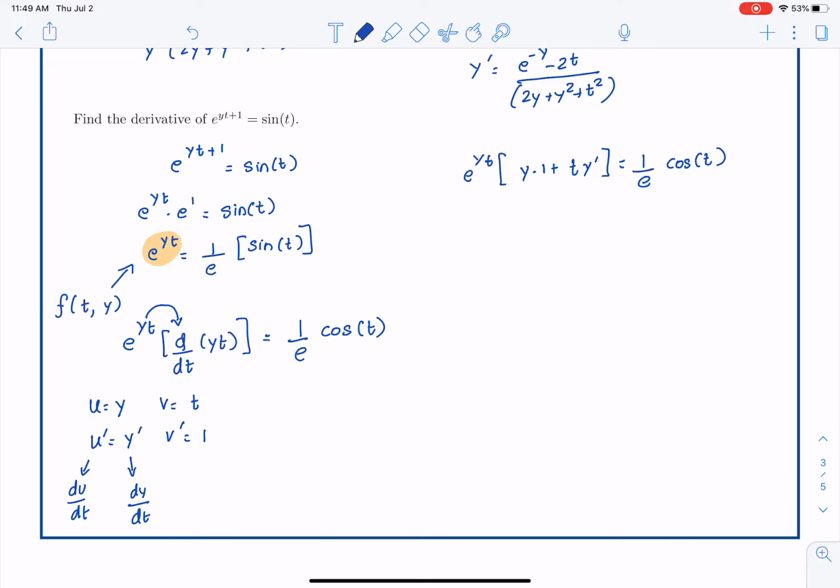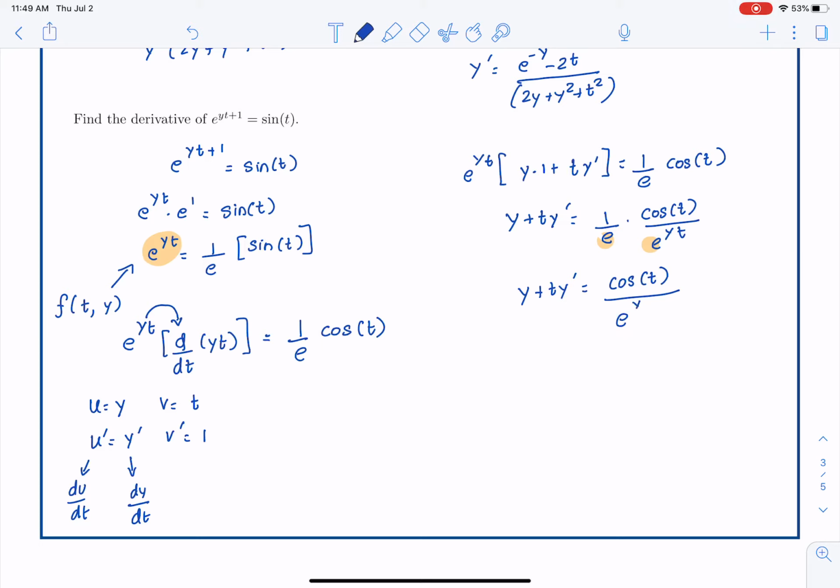Divide by e raised yt on both sides, we have y plus t y prime equals 1 over e raised yt times, 1 over e times cosine t divided by e raised yt. So y plus t y prime equals cosine t. Algebra, the bases are identical, so we add the powers.